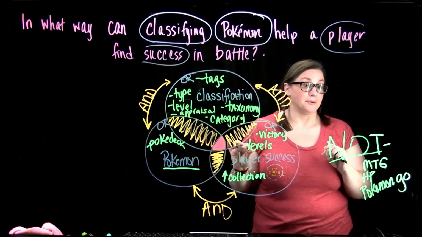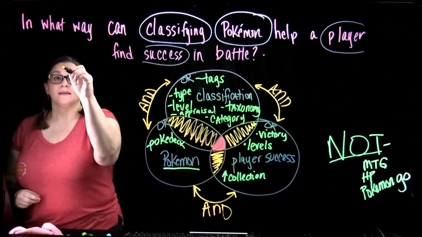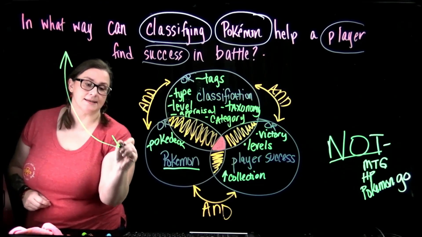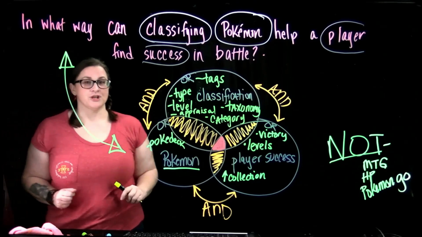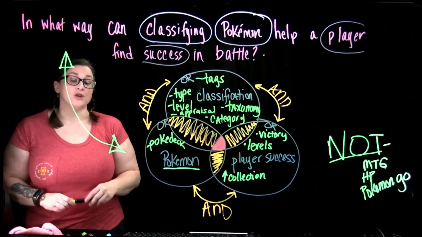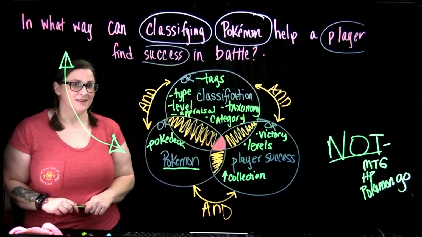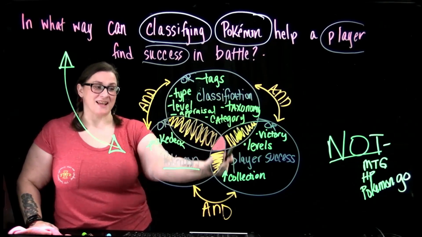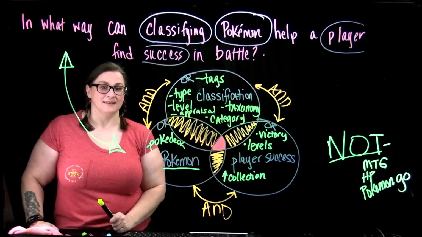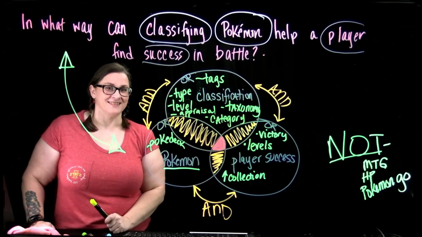Here's a pro tip. These two processes are interchangeable. If you are having trouble coming up with a research question, start with a Venn diagram of the major things you want to investigate, and then use it to construct your research question.